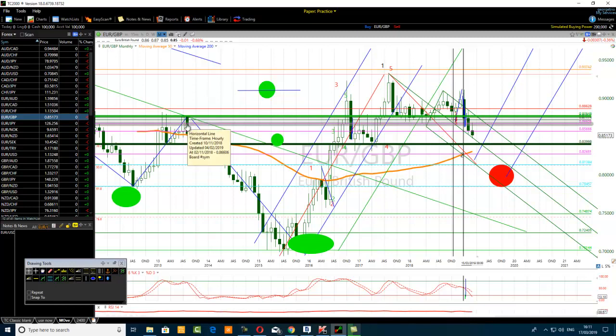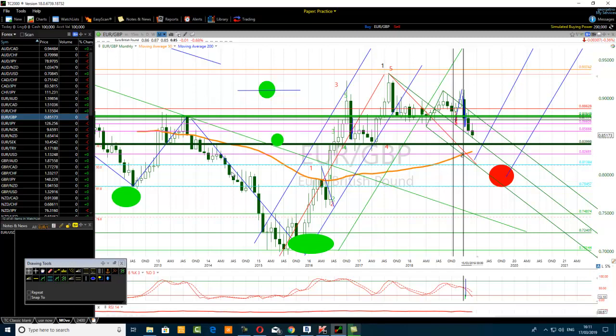Like here, you can see that this is the euro dollar. The euro British pound was going down against the pound. So as it's going down, the euro was depreciating against the pound, yes or no? Now, where is the fair value? It's looking for the fair value. Probably there was a previous fair value before.